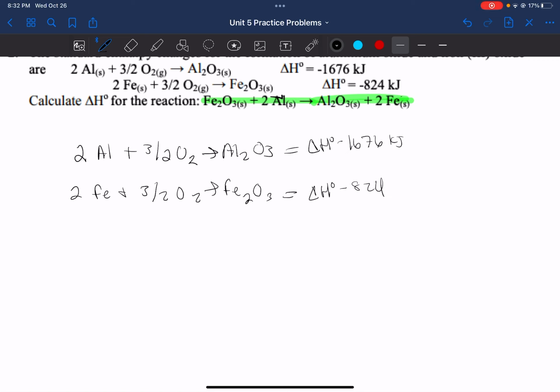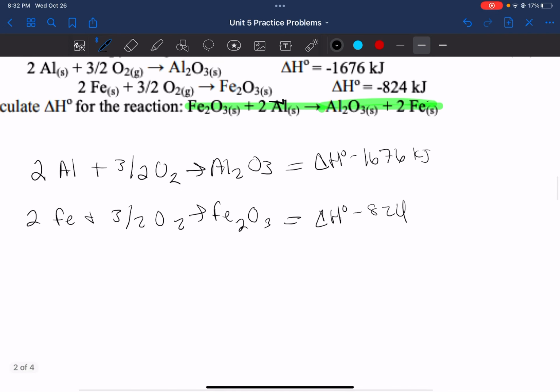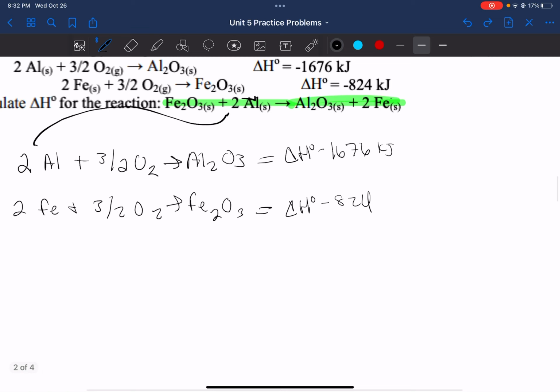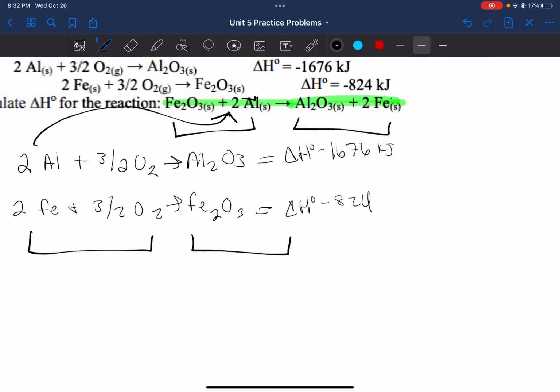So a lot of information, you probably don't know what to do. What you want to do is make sure that you use both of them, and that they can somehow compensate for this. Meaning the things on the left stay on the left, the things on the right stay on the right.